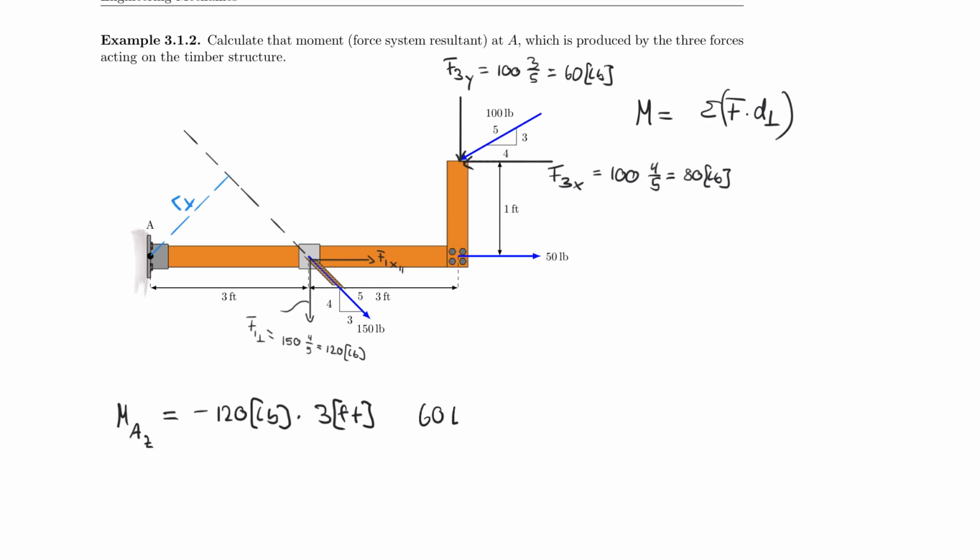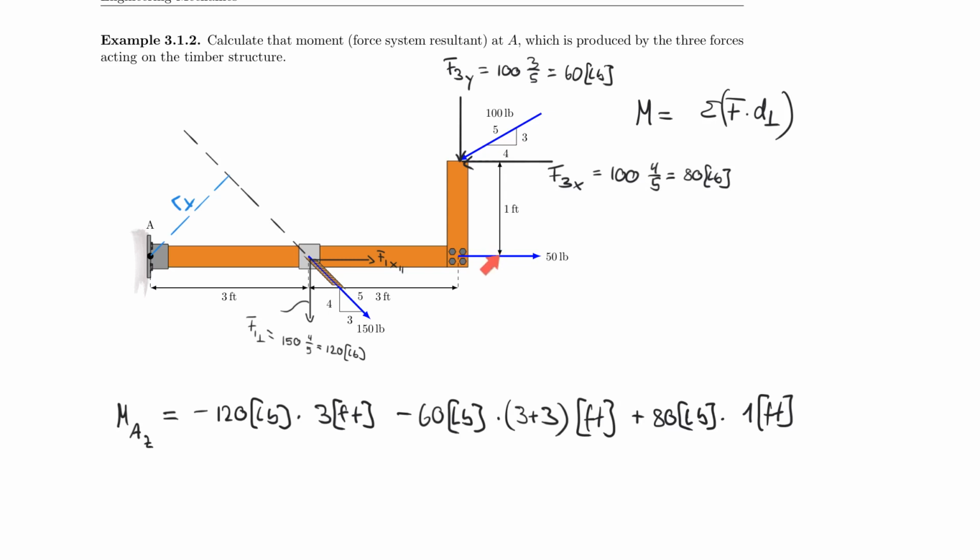So 60 pounds from F3 multiplied by 3 plus 3 feet. That's the lever arm. And that turns also clockwise, therefore it's also negative. But last but not least, I have the X component, which is 80 pounds. 80 pounds multiplied by, be careful now, 1 foot. And that turns counterclockwise, therefore it's positive.